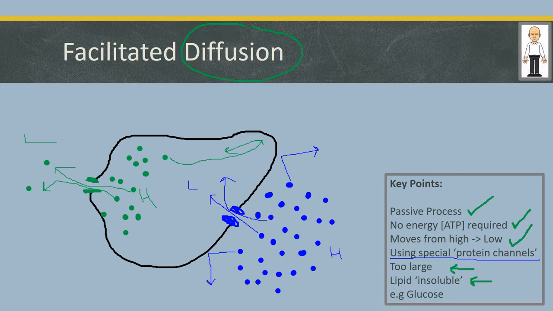So for example, a molecule that moves by facilitated diffusion is glucose. So this blue molecule here, we can say is glucose. Now when somebody eats a meal, when you eat your breakfast for example, the sugars in your breakfast will be converted into glucose and absorbed in the blood. So let's draw a little blood vessel.